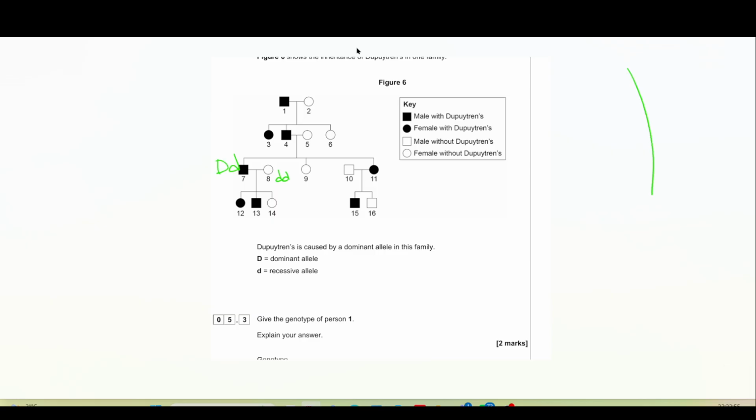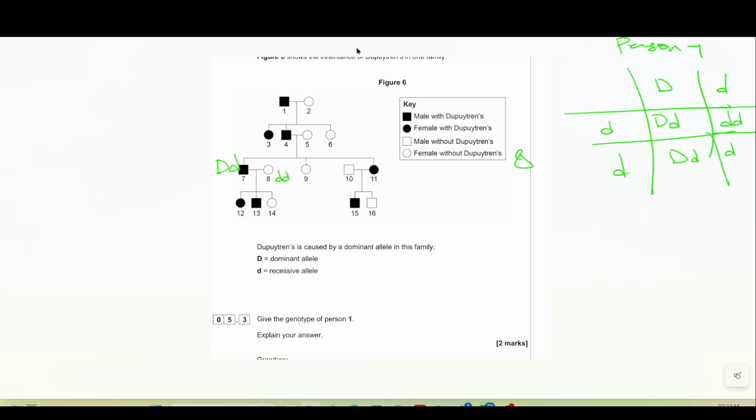Now we cross them: capital D, small d, and small d, small d. Two of these four are affected. The probability is 50%, 2 out of 4.